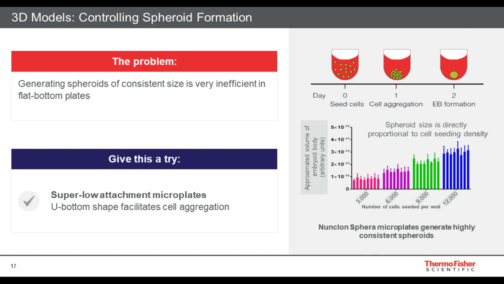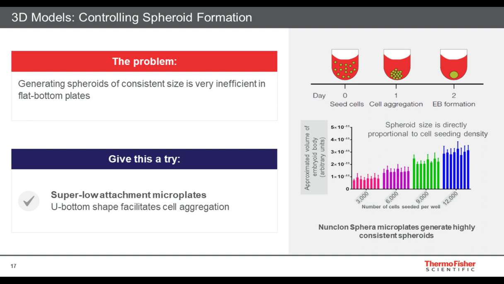Over the course of a couple of days, cells would either aggregate, or simply through cell proliferation would form spheroids, but they would form spheroids of many different sizes. The size of the spheroid can impact how well it differentiates and the health of spheroid A versus spheroid B if they're of different sizes. These are things to keep in mind.